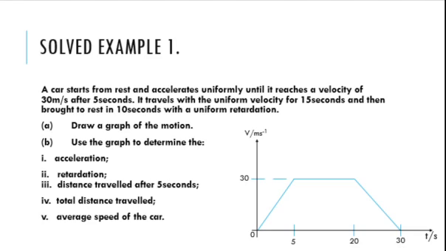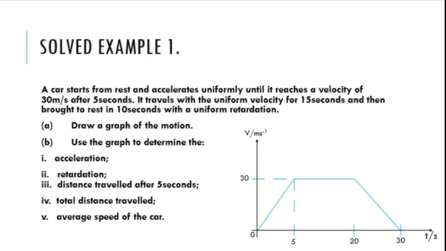Let's now use this graph to answer the following questions. We want to find acceleration. Don't forget that this part of the journey is acceleration, this part is uniform velocity or speed, and this part is retardation.